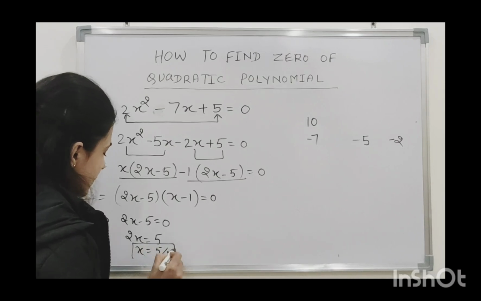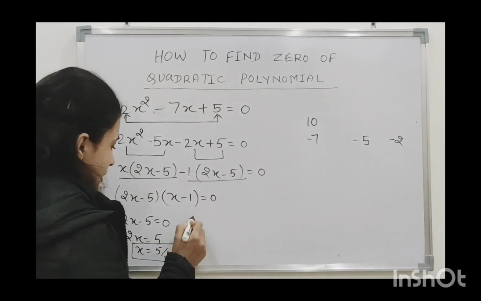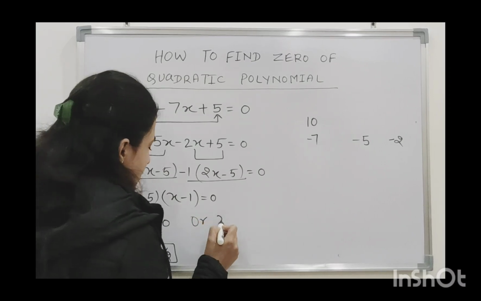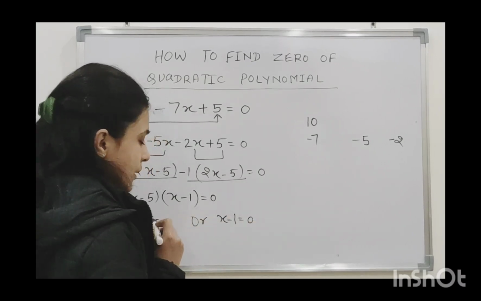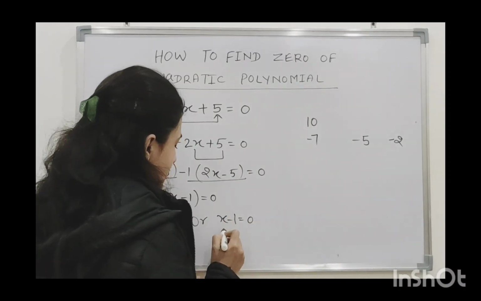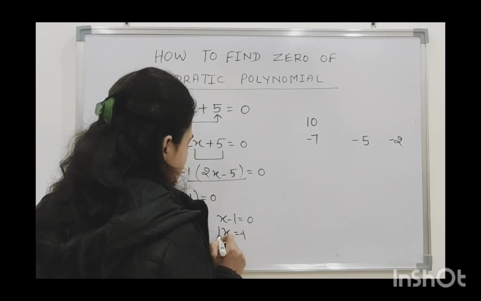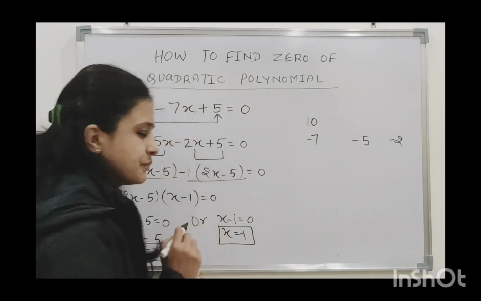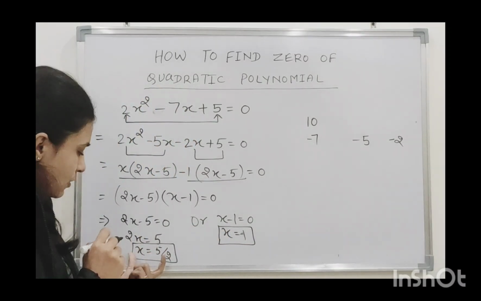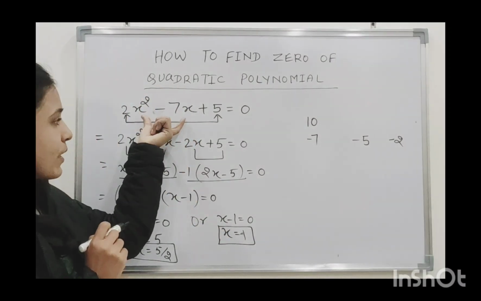So this is the first value of x. Now if x minus 1 is equal to 0 and we solve this for x, x will be equal to plus 1. So this is the other value. So we can call them zeros of this quadratic polynomial.